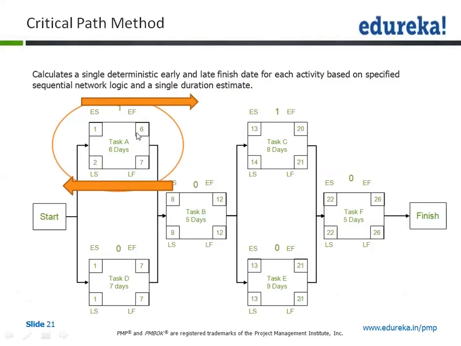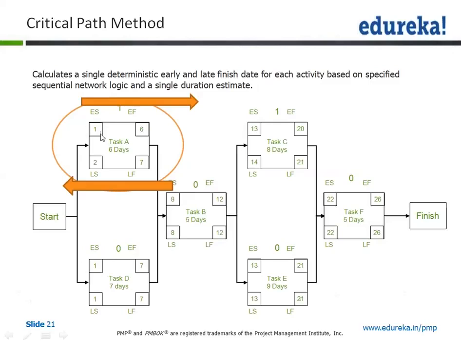So now you understand the four things we have mentioned on the block, and these four things are early start, wherein early start is shown as day 1. There are times when this is taken as day 0 also. So it depends on what nomenclature you follow. In this example, we are following the nomenclature of day 1. So the task A is going to take 6 days.